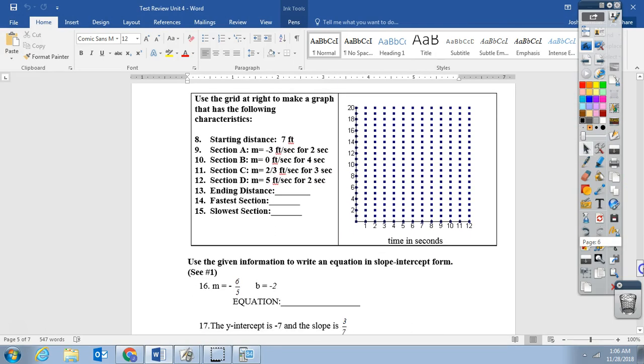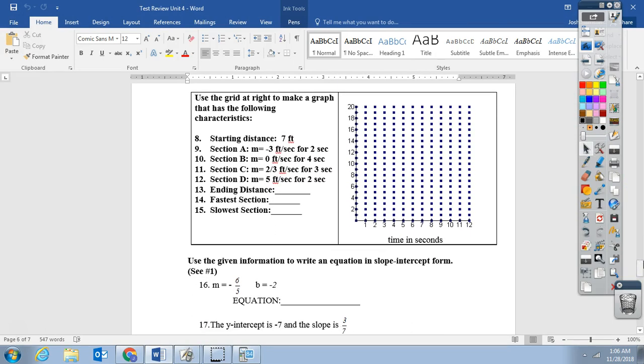Then we had these. This gave a lot of people some issues, so I want to make sure I talk about this. Follow the directions, guys. Don't overcomplicate it. It says the starting distance was 7, so go up to 7, put a point. How'd you know that was where you start? Because the time is down here at the bottom, that means 0 seconds. Starting at 7.